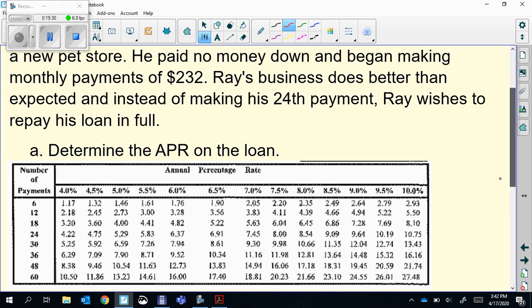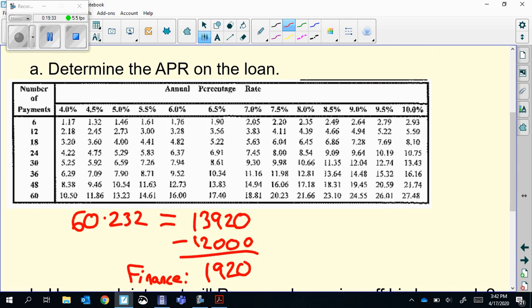So to determine the APR, we're going to use our table kind of backwards. So we know that we do the finance charge over the total amount that was borrowed equals the table value over 100.